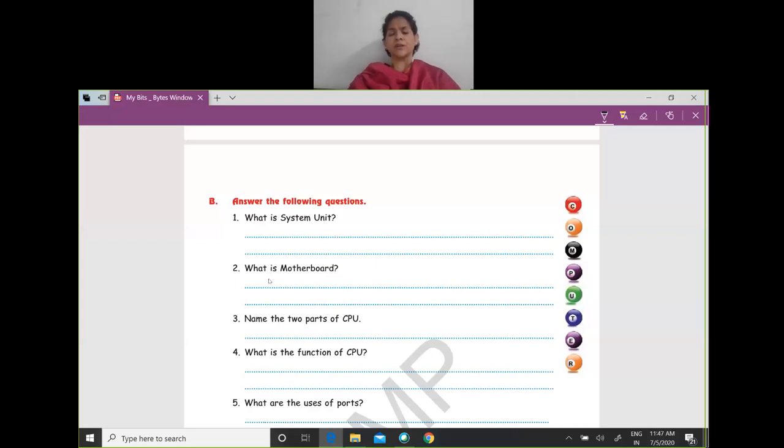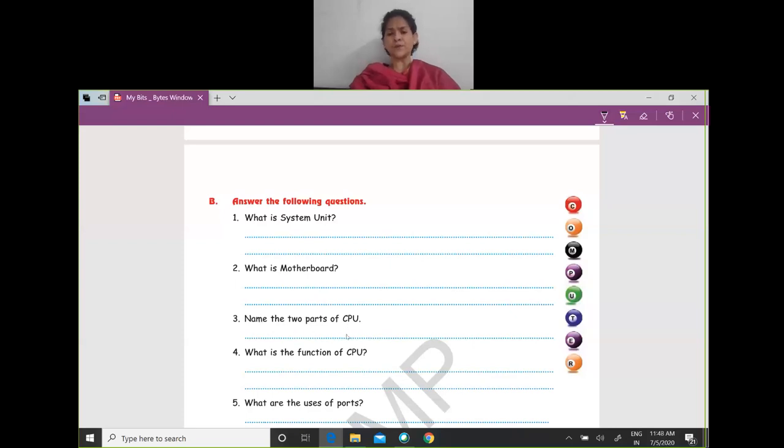Next question is, what is a motherboard? So motherboard is a large circuit board which contains lots of chips. It is also called the microprocessor, and I'll give you the exact answer. Name the two parts of CPU.